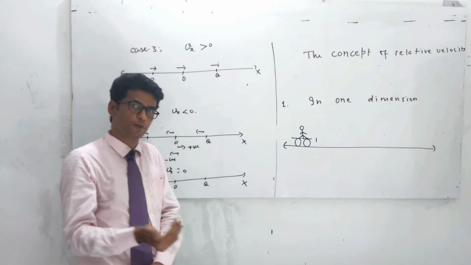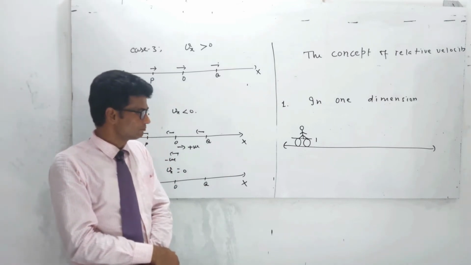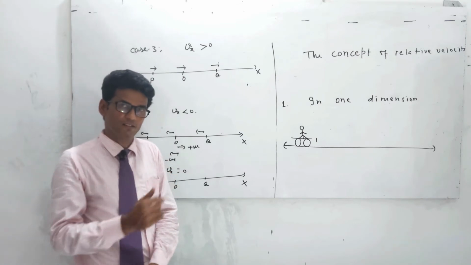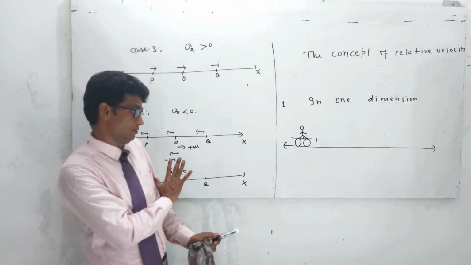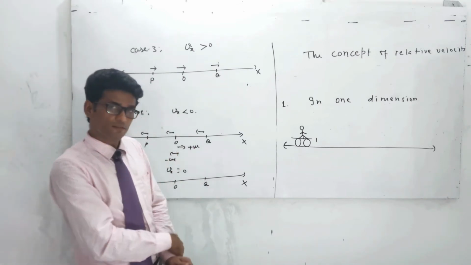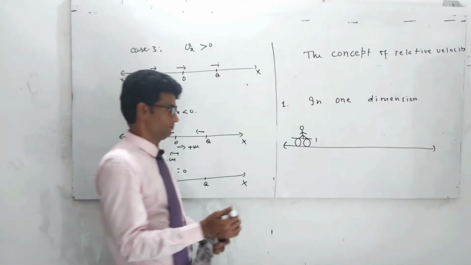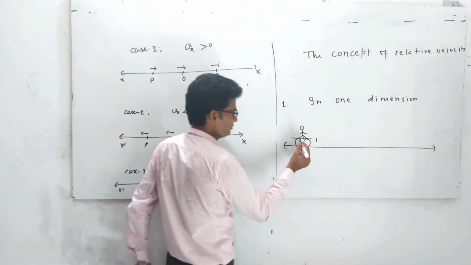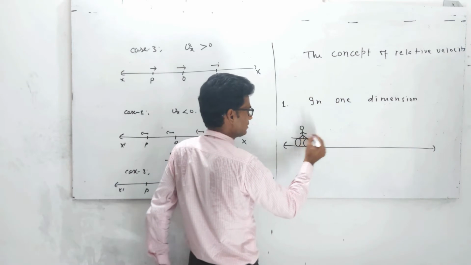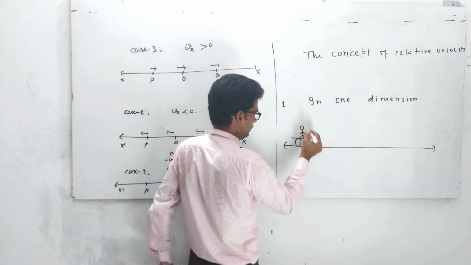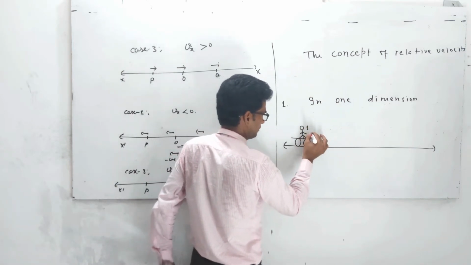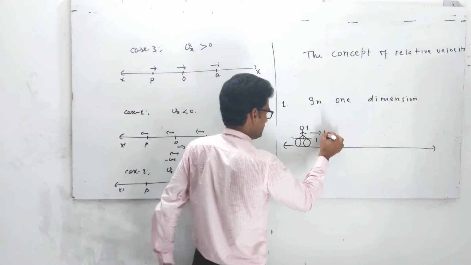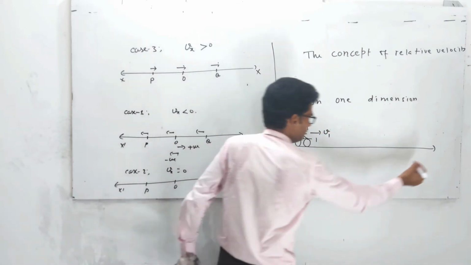That is, with respect to the trolley, the person is at rest. However, with respect to a ground observer, it is moving. Trolley is moving and the person is also moving, say trolley 1 and person 1 in the positive direction of the x-axis, say with speed v1.